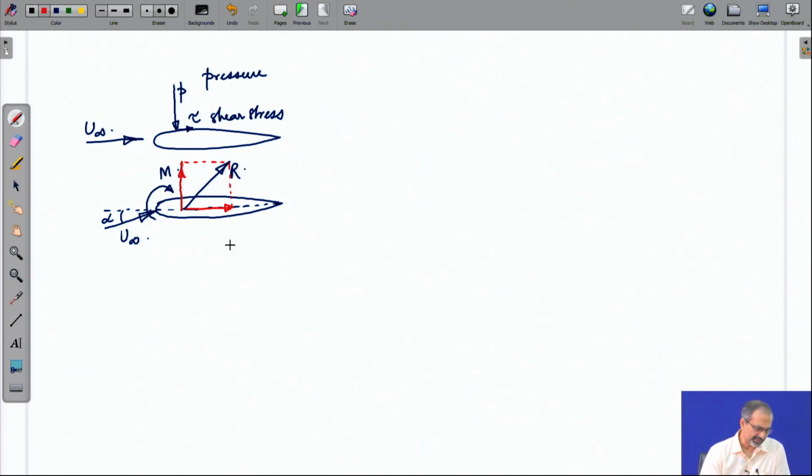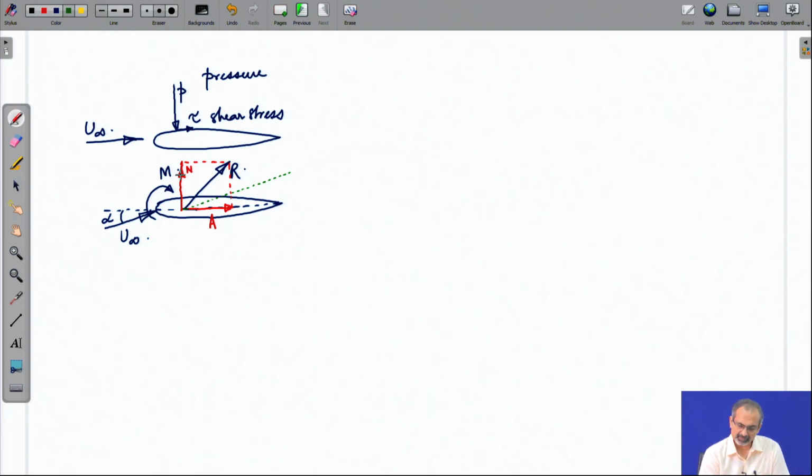Then what we get is the axial and the normal forces. So, this is one way of resolving the forces. Another way of resolving forces is to consider the flow direction and imagine that the flow vector direction is parallel to this.